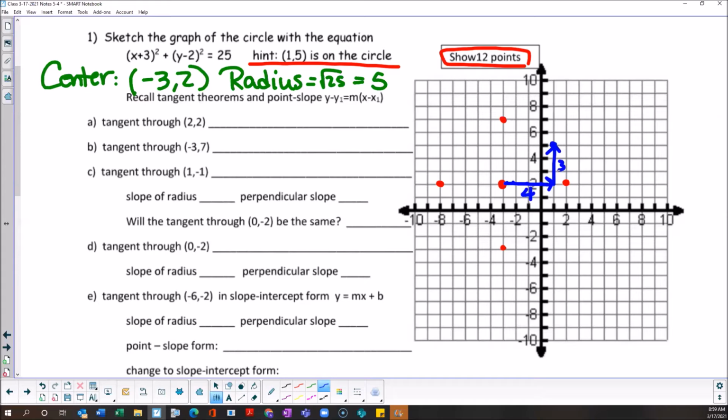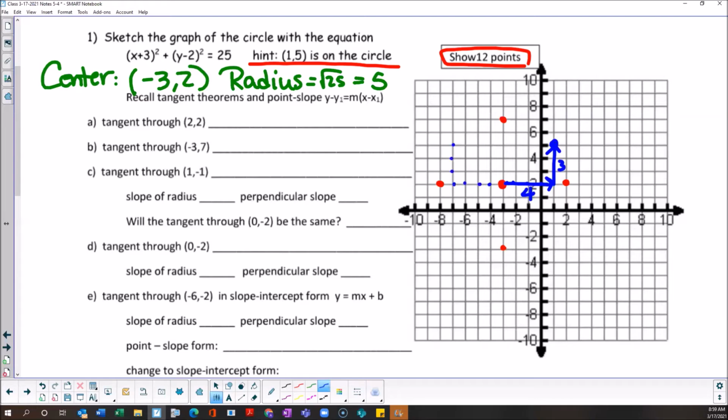Which means I can do the same thing I did with the radius, where I went up 5, left 5, down 5, right 5. If you envision it, you're making a triangle all the way around. So I have right 4, up 3, then left 4, up 3.